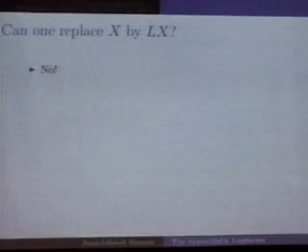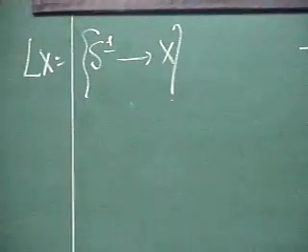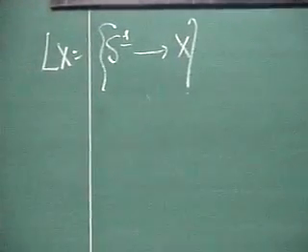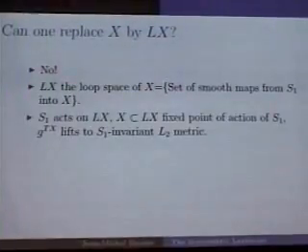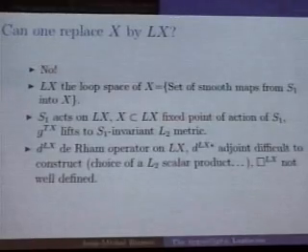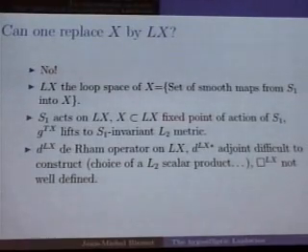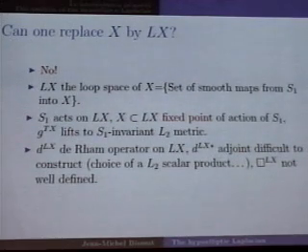So I will give two answers. The first answer is no, you cannot do that. First of all, one of the reasons why it's very difficult to do it is that Hodge theory is almost impossible to construct on the loop space. That is, you effectively have a de Rham operator d on LX, but the construction of the adjoint is extremely difficult.